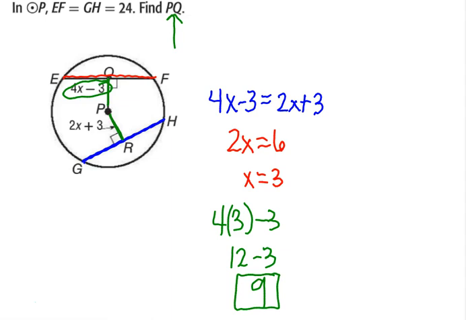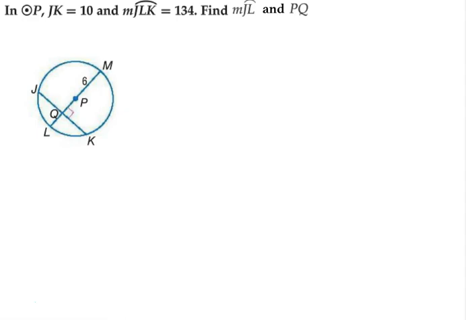And our last example for today. In circle P, JK equals 10, measure of arc JLK equals 134. Find the measure of arc JL and PQ. So we got two things we got to figure out. So let's first label what we're given because that will make our life much easier.